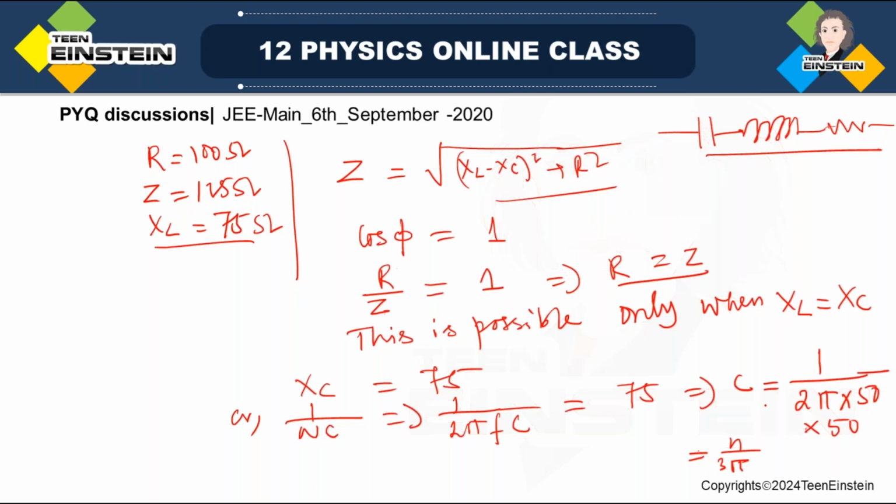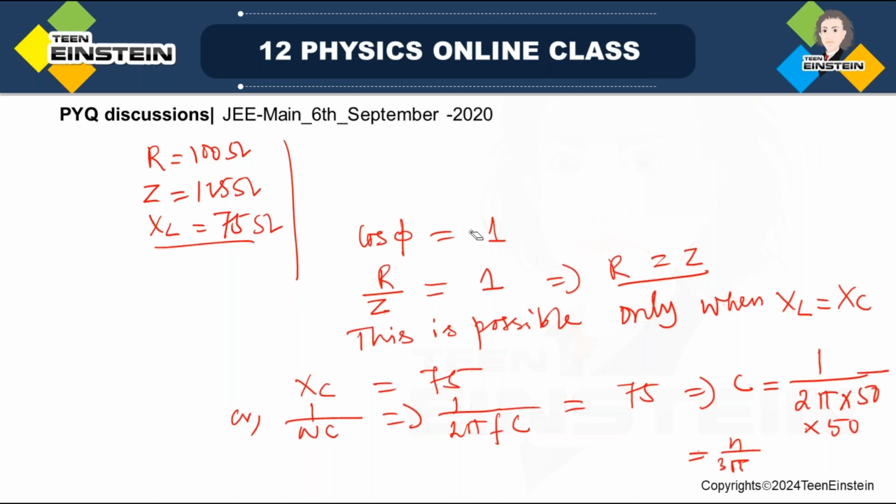I'll clean up a little bit here because there are going to be somewhat lengthy calculations. Here, C is equal to 1 over 2 pi into 75 into 50.